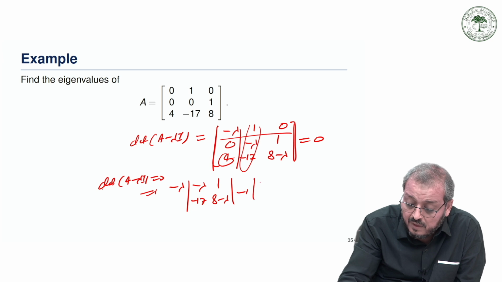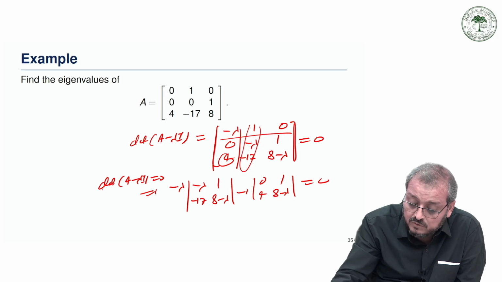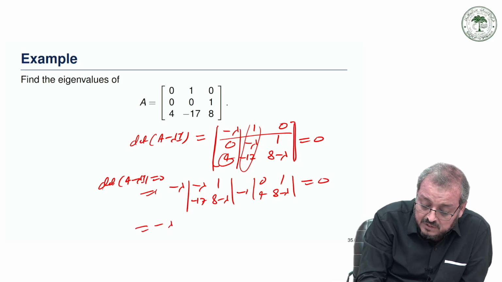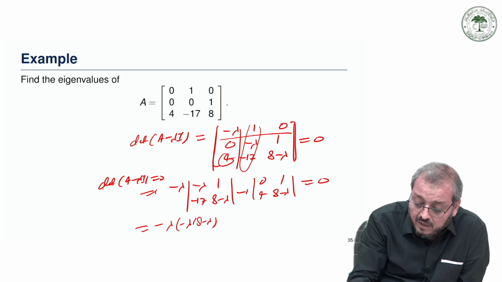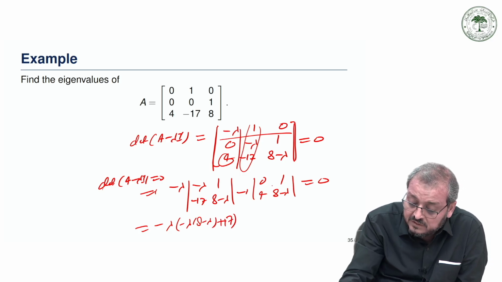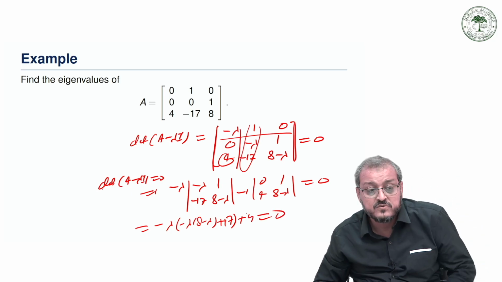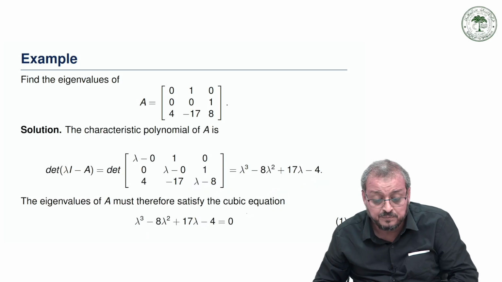So you have 0 1, 4 and 8 minus lambda is equal to 0. So this is minus lambda times minus lambda, 8 minus lambda, plus 17, and then this is 0, so you minus 4, and then minus minus plus 4 is equal to 0. So this way we can write it into this form.